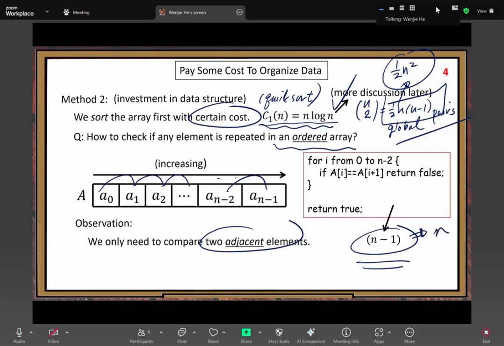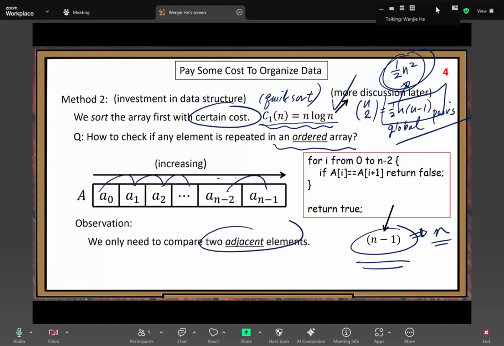We drop that minus 1. So you compare n and 1/2 n squared. That difference is really big.